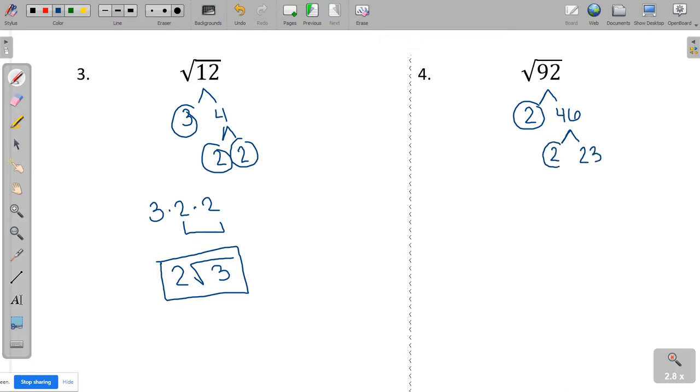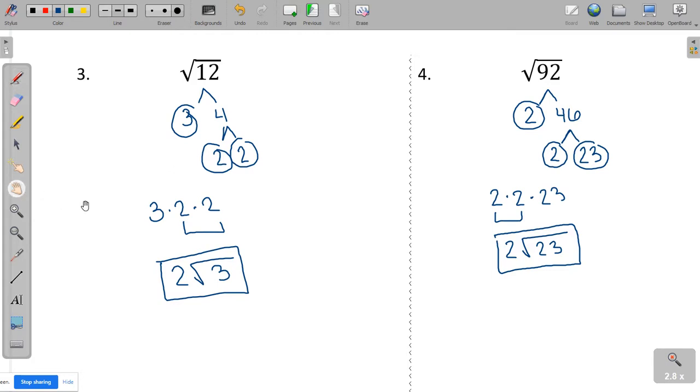Now 2 is prime. Now what about 23? Is there a number that divides into 23? There is not. So 23 is a prime number. So 2 times 2 times 23. We have buddies. Buddies go on the outside. Anything left over goes on the inside. So 2 square root of 23 is our answer.